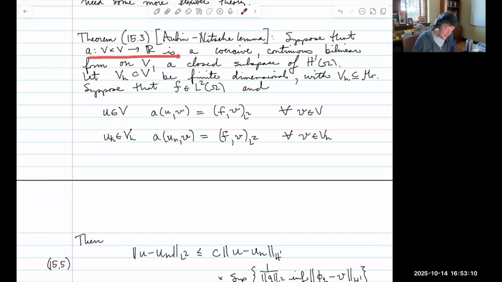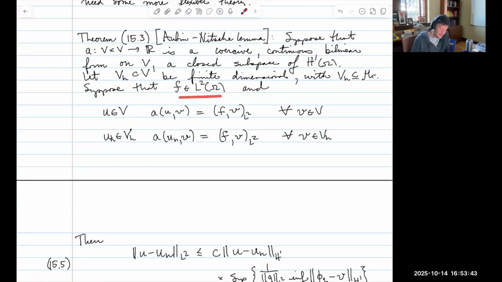Suppose that A is a coercive and continuous bilinear form, but not necessarily symmetric, on V, which is assumed to be a closed subspace of H1. Let V_h be a finite dimensional subspace of V, and we're going to assume that V_h is a subspace of M_r. So basically we're assuming that we're using piecewise polynomial finite element spaces.